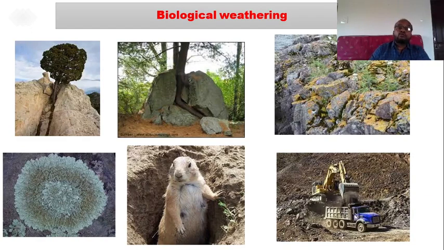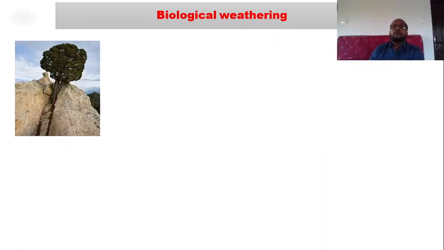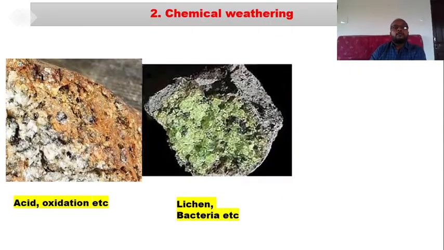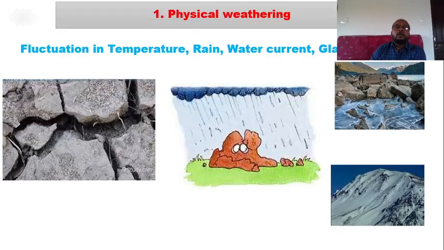Then it forms layers of the soil, different layers, and this is called the horizon of the soil. That means the horizon of the soil is formed, and this process is called pedogenesis, or soil maturation. I think we have understood what is meant by the formation of soil.